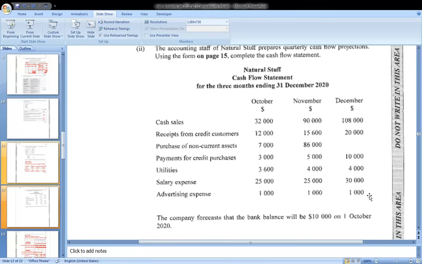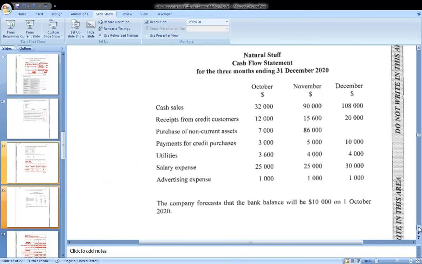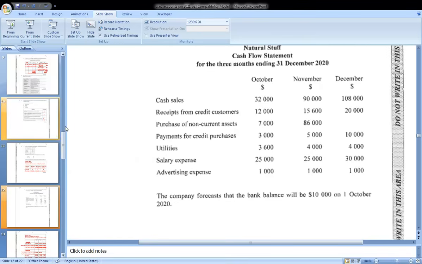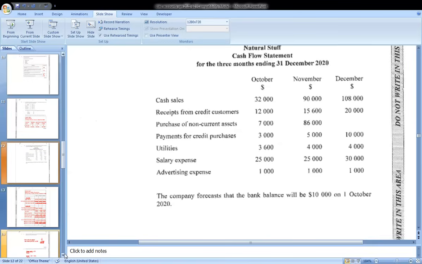So there you have all the relevant information, so you can take a look at it. It says the company forecasts that the bank balance will be $10,000 on 1st of October 2020. All right. So there you have your information. Let's see what we are required to do.